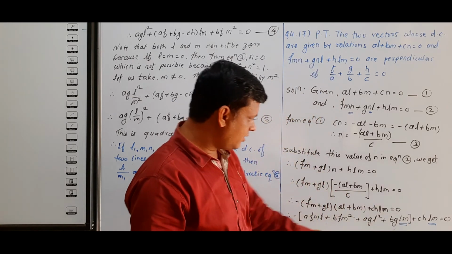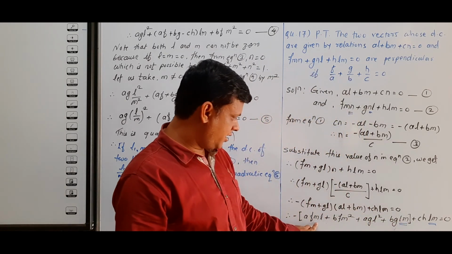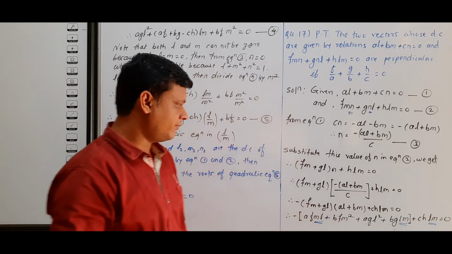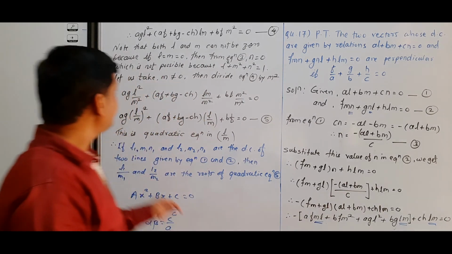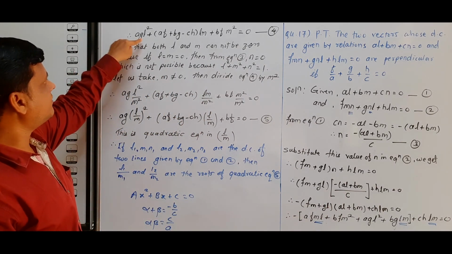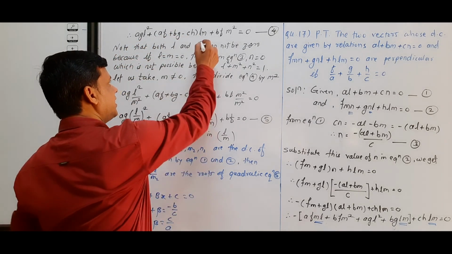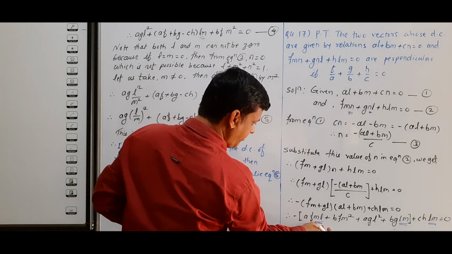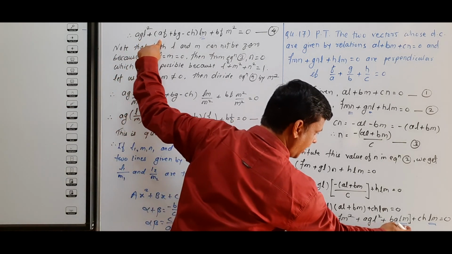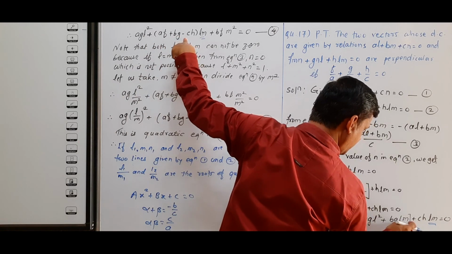Now here is lm, here is also lm, and here is also lm. This ml can be written as lm, so we take lm common. Therefore ag l square plus am plus bg minus ch lm. When we take lm common, the remaining terms are af, then plus bg, then plus ch.